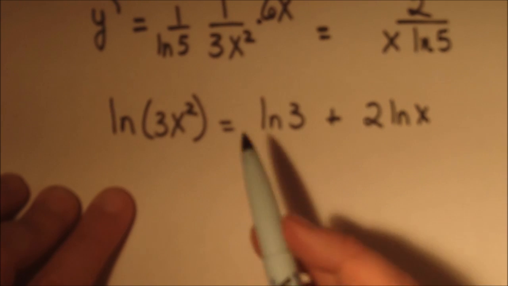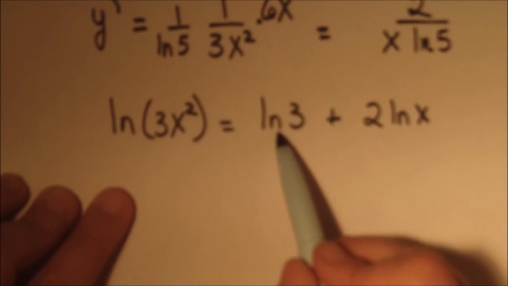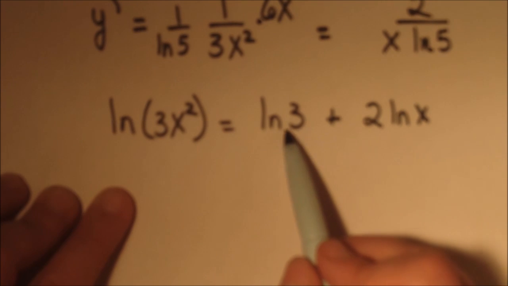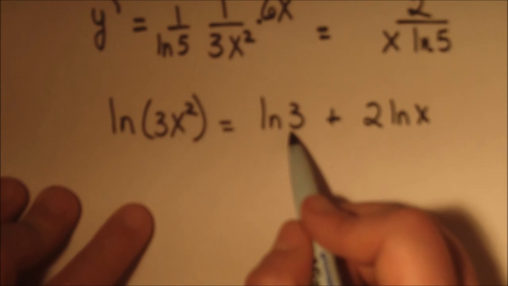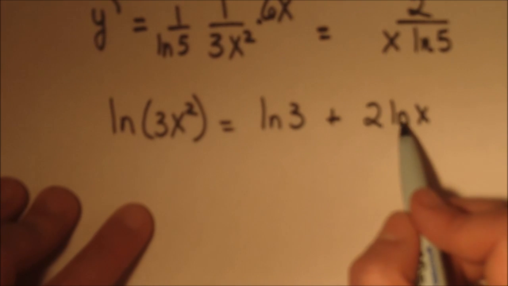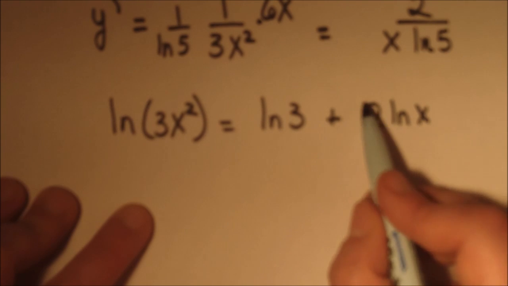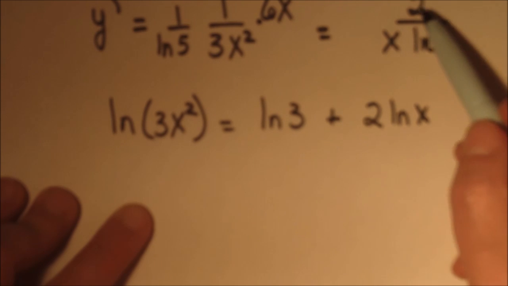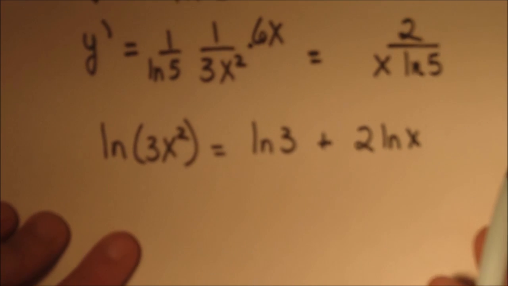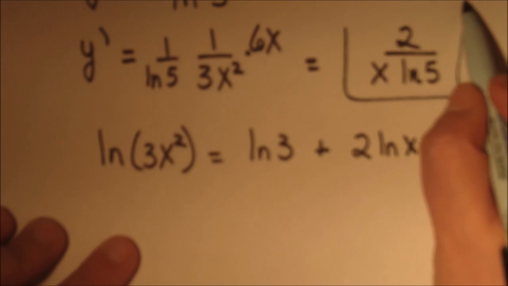And then when I take that derivative, the derivative of natural log of 3 is just a constant, so the derivative of a constant is 0, and the derivative of this term would be 2 times 1 over x. So that would have been another possible way to come out with this final example.